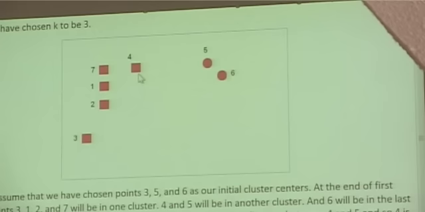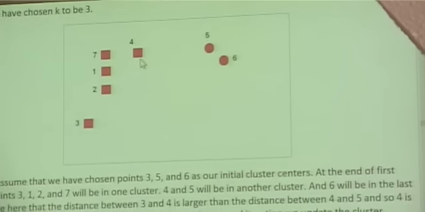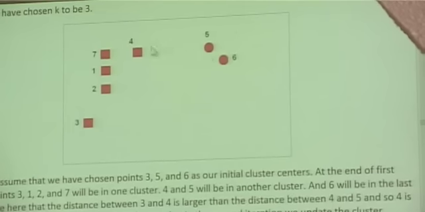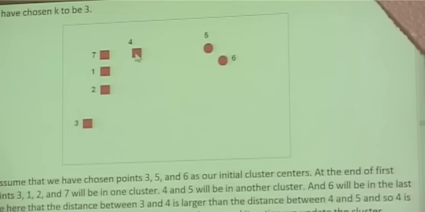Point 4 here, I have placed strategically so that it's closer to 5. Here it seems to have equal distance to 3 and 5, but actually it's closer to 5. So 4 is going to be assigned to the cluster with the center at 5 at the end of the first iteration, and 6 is going to be assigned to itself as the cluster center.